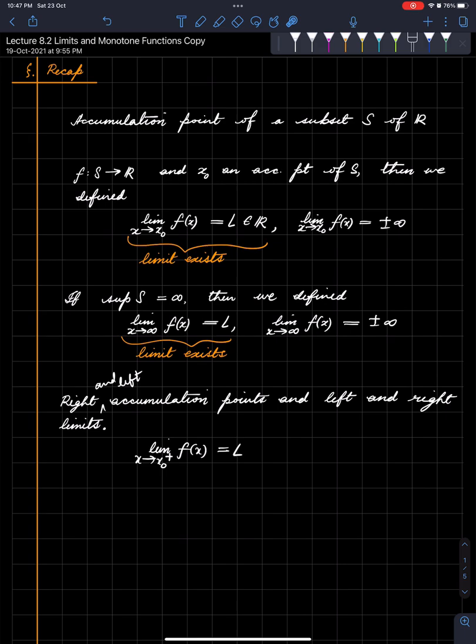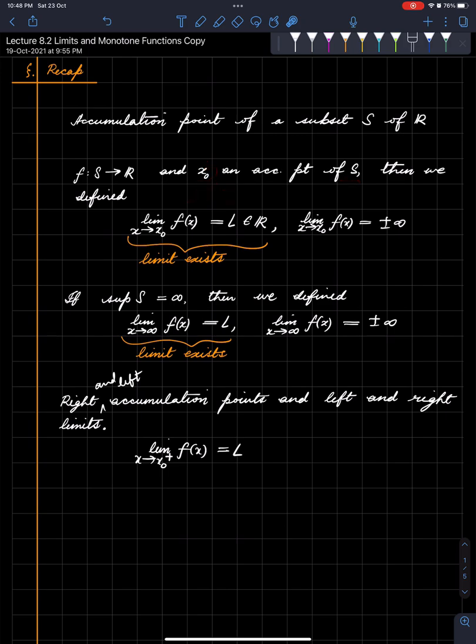Now suppose we have a function and an accumulation point of the domain, and please note that this may not necessarily be in the domain of the function. So, okay, I said something incorrect. Suppose you have some accumulation point x0 of the domain, and x0 may not be in the domain itself.